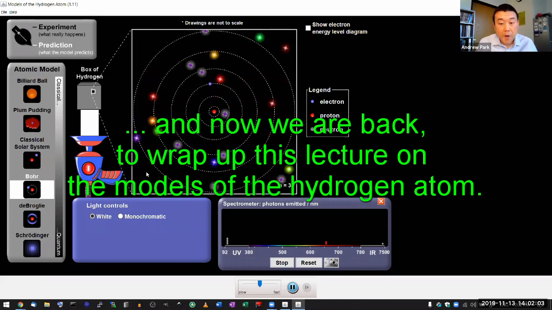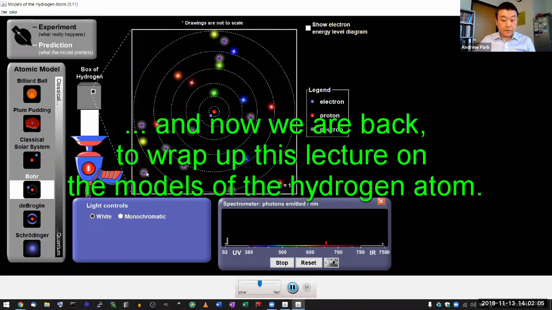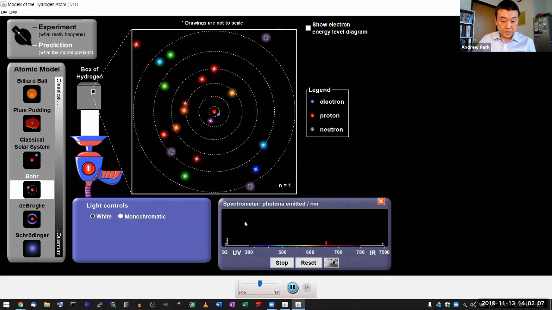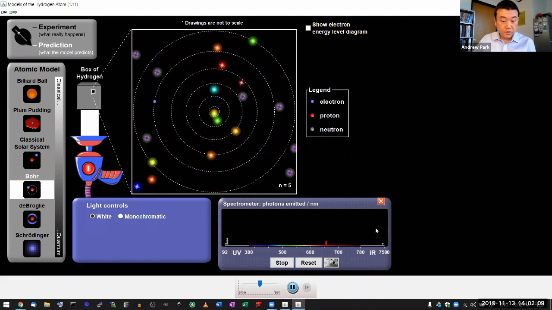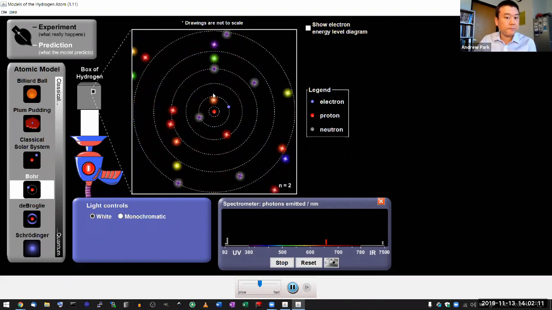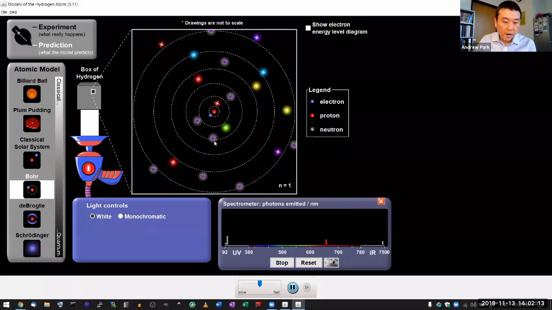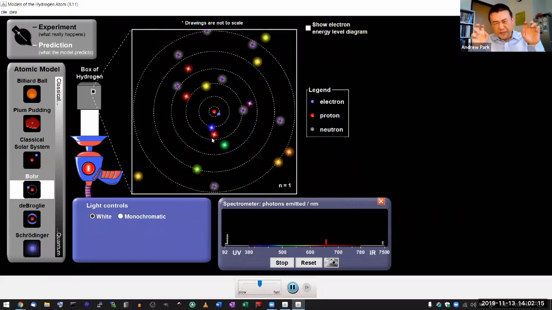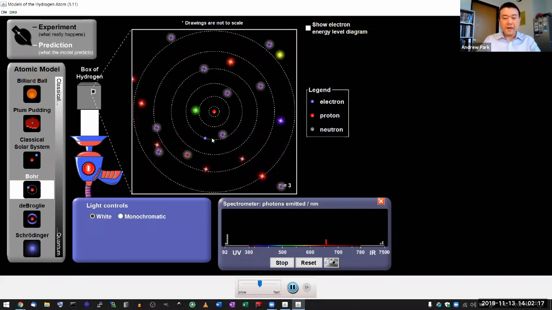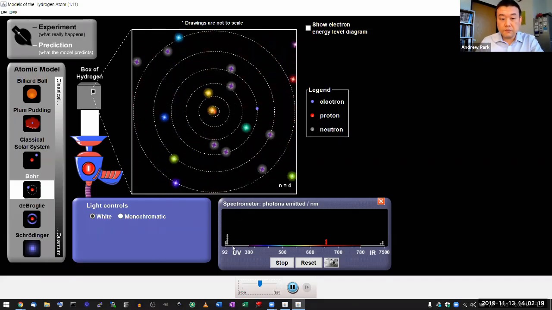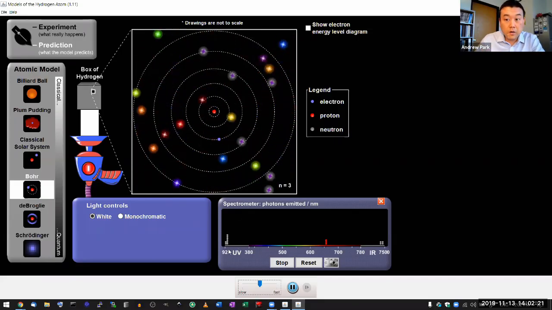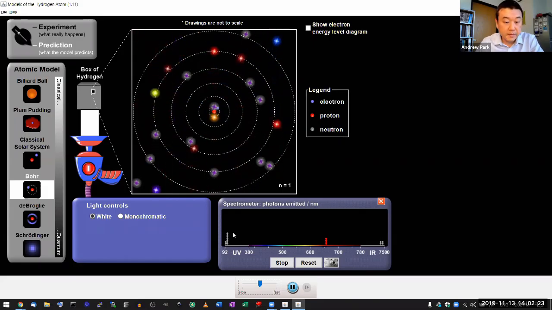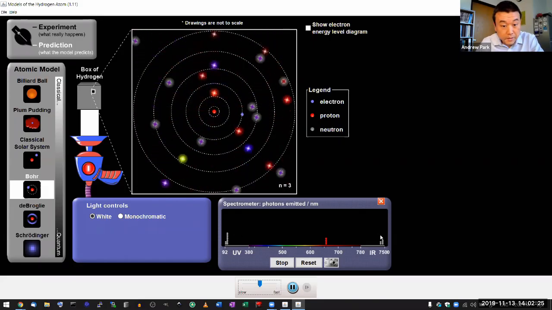And the experimental results that people get with that, which is the spectrum of the hydrogen atom, match with the predictions that the Bohr model produces. Well, quote unquote prediction, because he already knew what it would be.